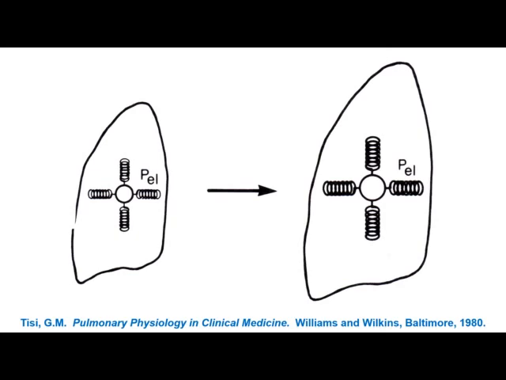Okay, so if we increase lung volume, we're going to increase the stretch on these springs, which is going to increase the size of all of these structures. Now, this really is an important concept because how do you design an organ where when you take a breath, every single structure inside increases to the same extent that the whole organ increases?